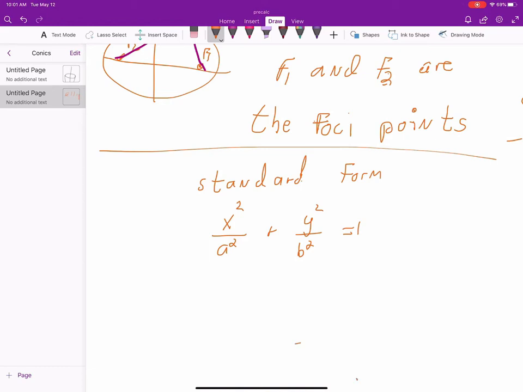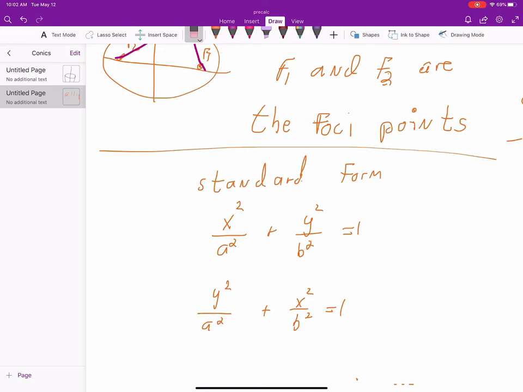The other one looks like, I want to make sure I get it right with the book, yes, that's what I thought: y squared over a squared plus x squared over b squared equals 1.